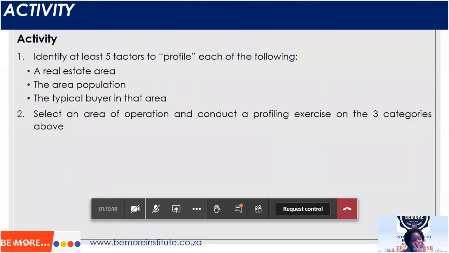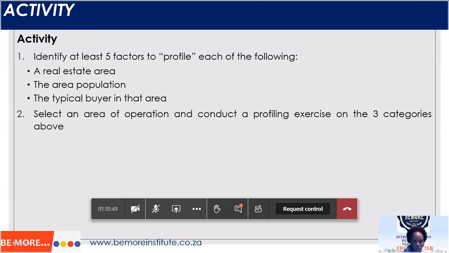We have come to the end of our presentation. I hope everybody enjoyed this as much as I did. But we have an activity that we would like to ask our learners and colleagues to engage in. We'd like you to conduct a profiling exercise on the category of real estate.